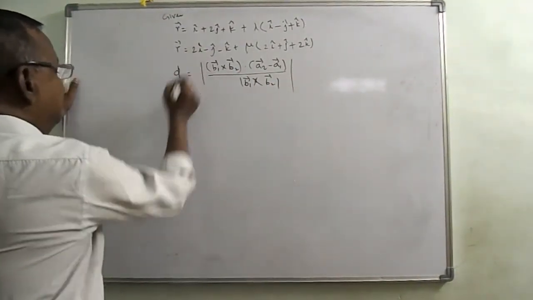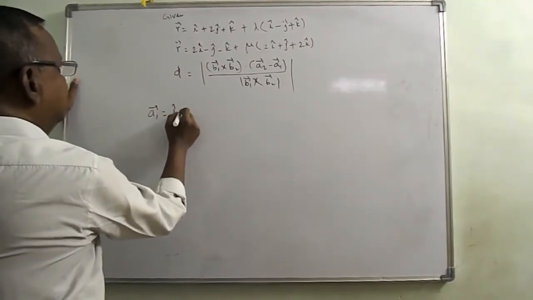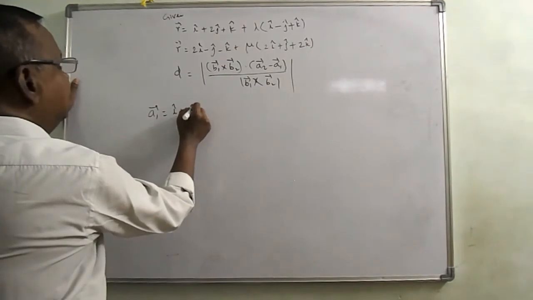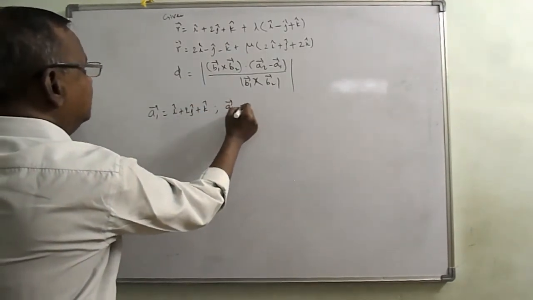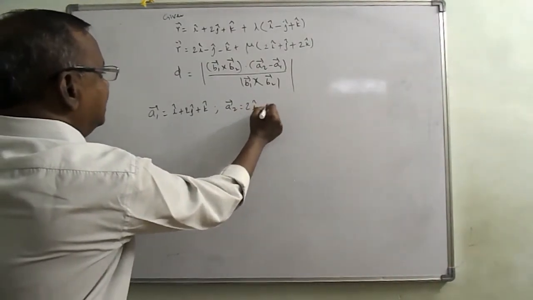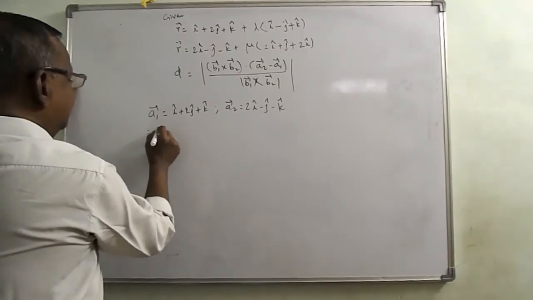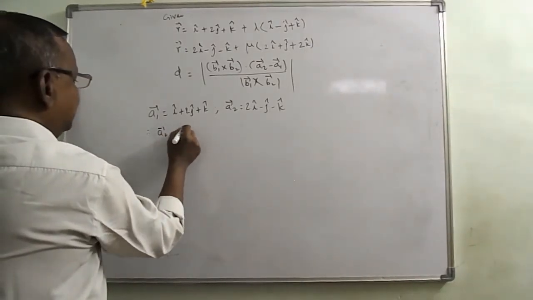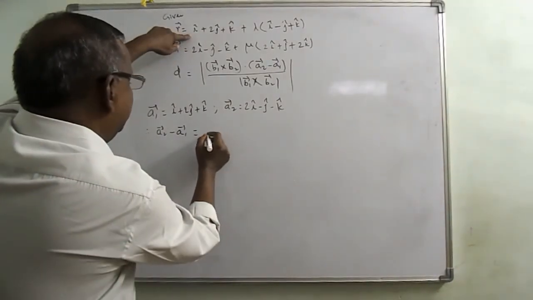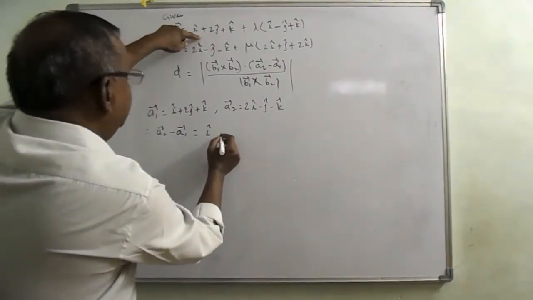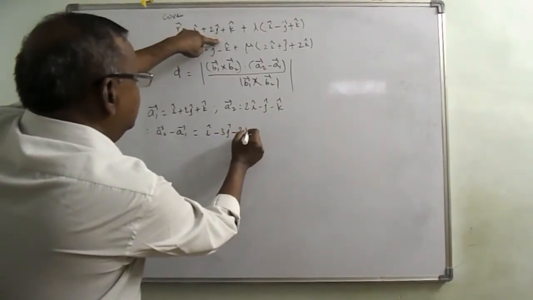From the given equations, a1 vector equals i cap plus 2j cap plus k cap, and a2 vector equals 2i cap minus j cap minus k cap. Therefore, a2 vector minus a1 vector is 2 minus 1 equal to i cap, and minus 3j cap and minus 2k cap.